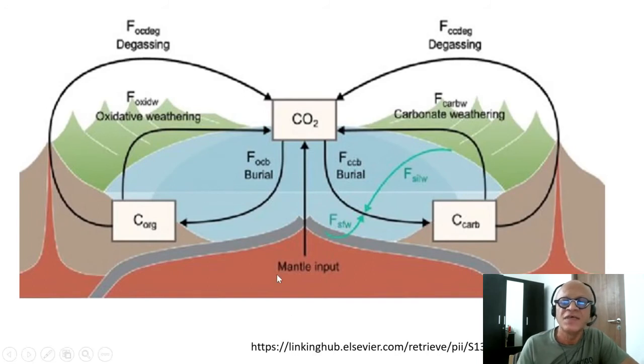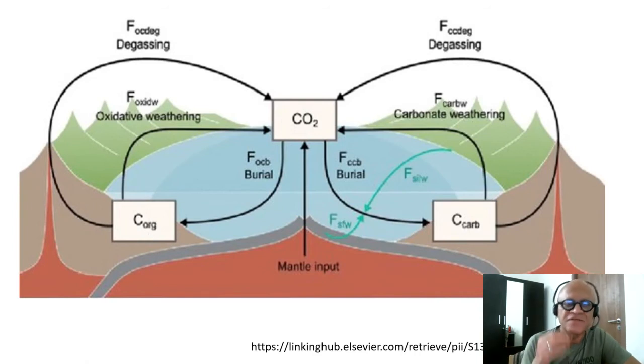So here you have mantle input at mid-ocean ridges where CO2 is being released, and that is the ocean carbon cycle and so on, creating burial of carbonates and organic carbon. So this is the biological and this is the carbonate cycle. So calcium carbonate and organic carbon. We will see that the ratio of the calcium carbonate and organic carbon in the sediments is almost a constant, 1:4.